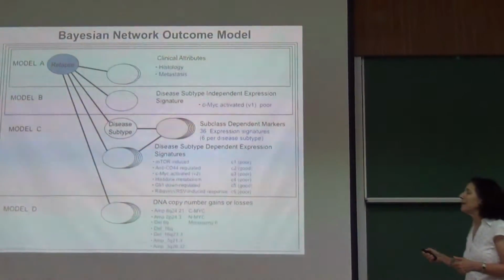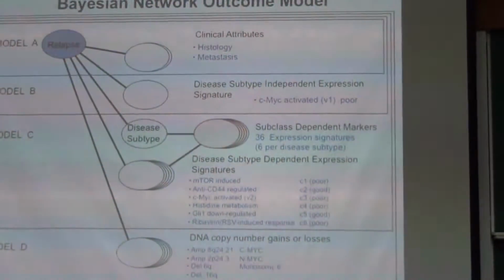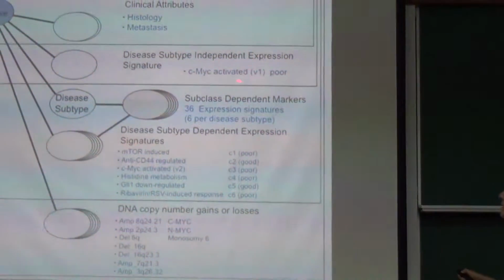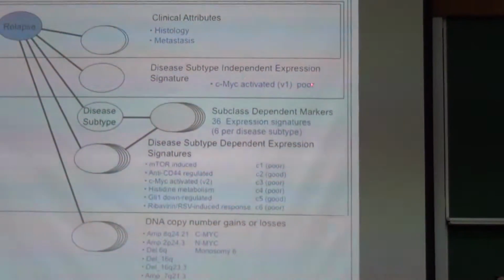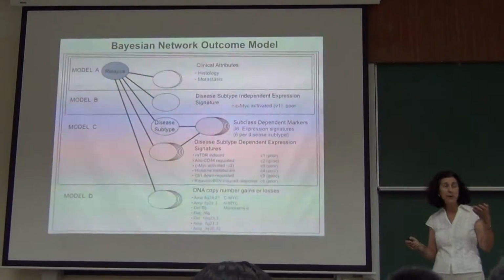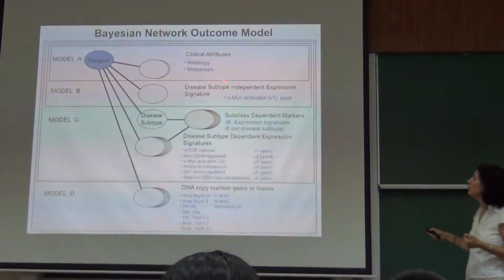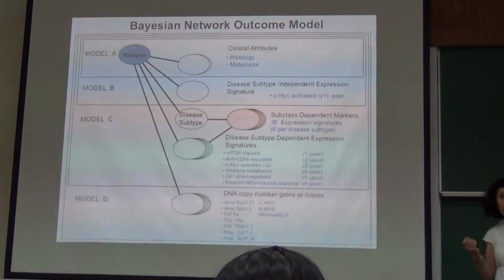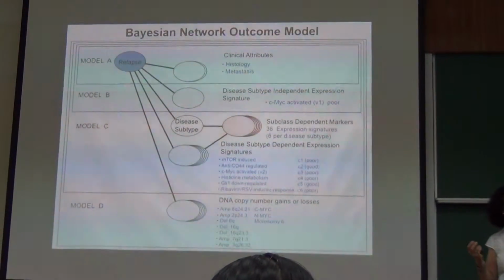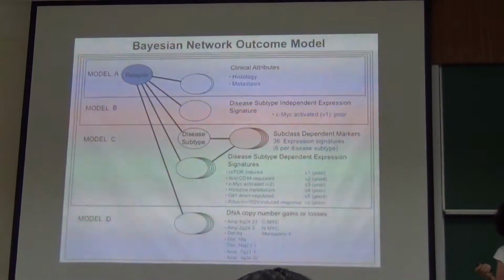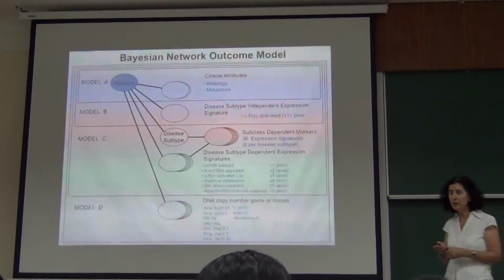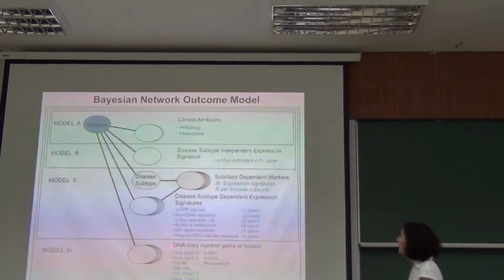So CMYC is an oncogene, that is, it's a cancer-causing gene, and if it's activated, that's a signature that corresponds to poor outcome. Right? But this is a feature that was not derived from the data, so it wasn't trained on the data, but rather just extracted from the literature. It's been known for a long time that CMYC activation is related to poor outcome.